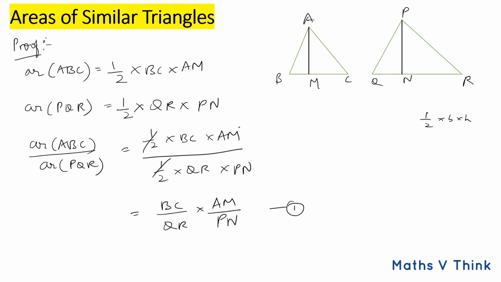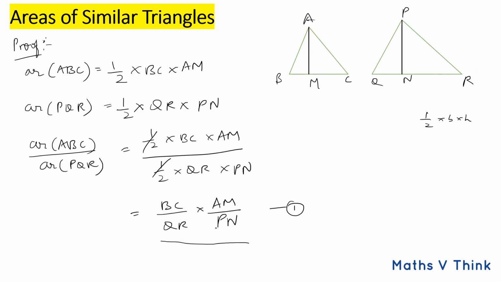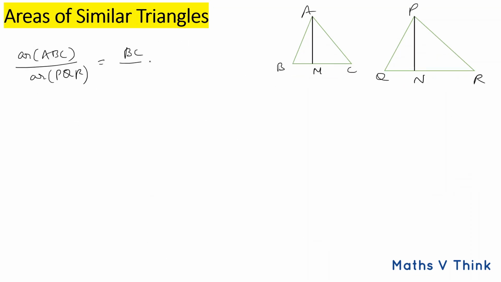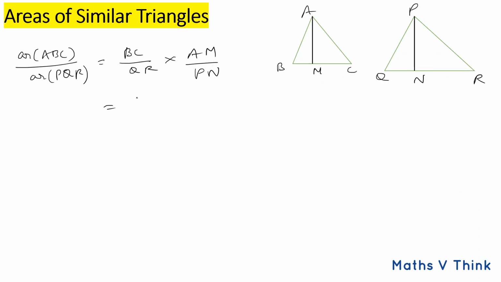Now take this part. We have got area of ABC divided by area of PQR is equal to BC by QR into AM by PN. Now in place of BC by QR, can I substitute AB by PQ, which is equal to BC by QR? So I will be substituting AB by PQ.